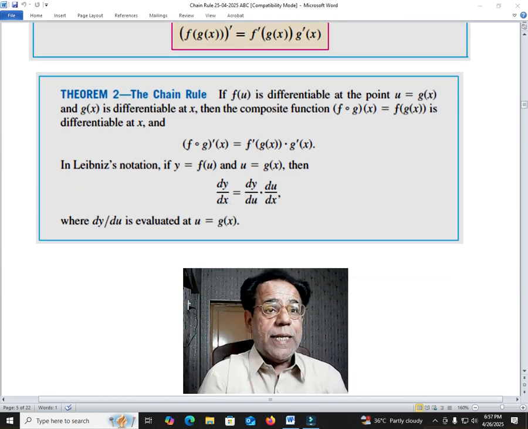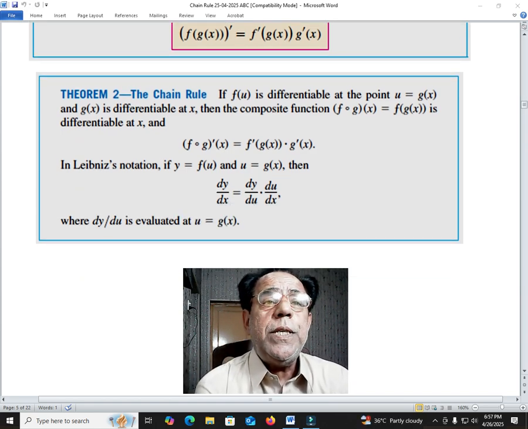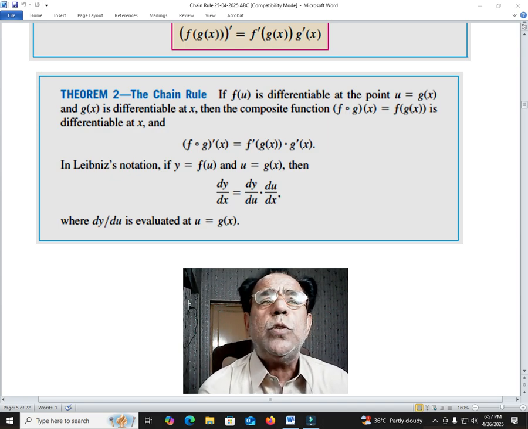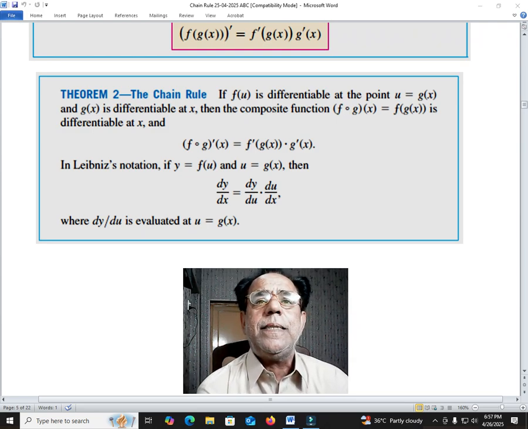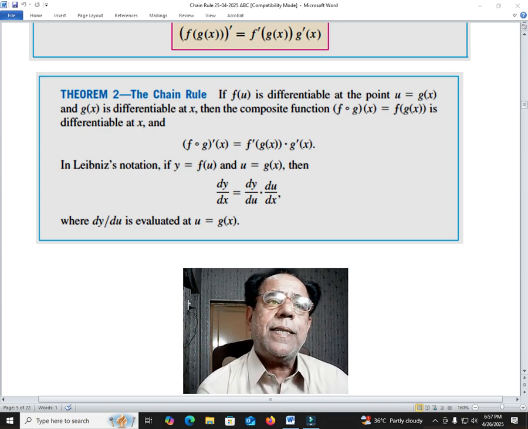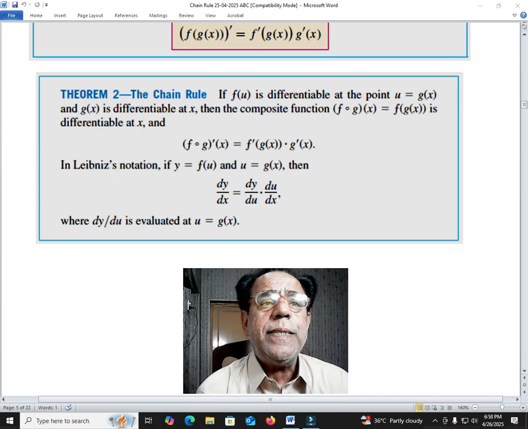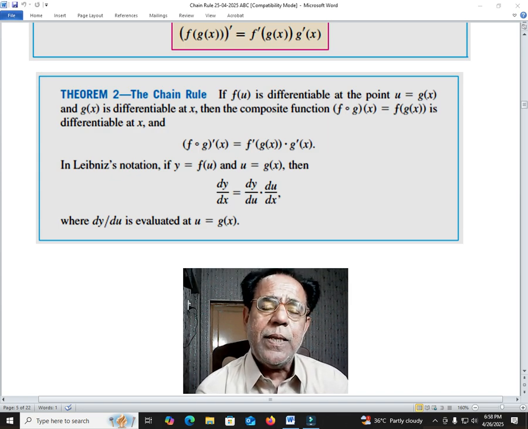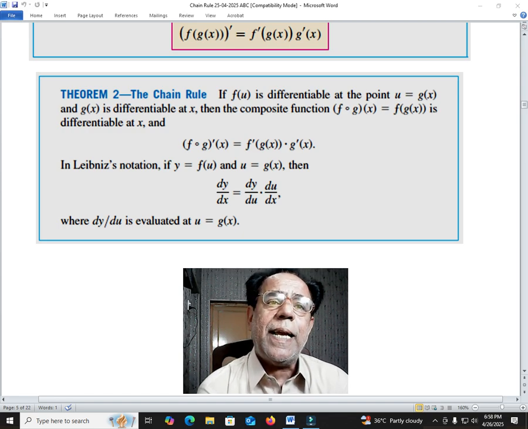Another version, chain rule: if f(u) is differentiable at the point u equal to g(x) and g(x) is differentiable at x, then the composite function f∘g is differentiable at x, and (f∘g)'(x) is equal to f'(g(x)) · g'(x).